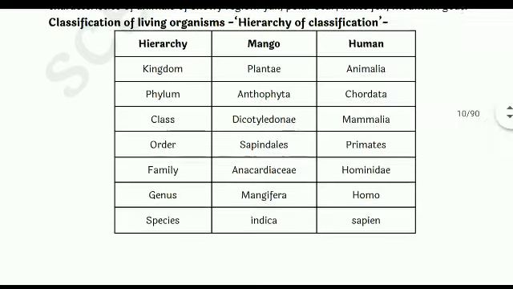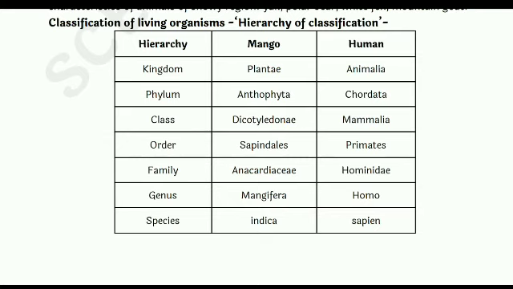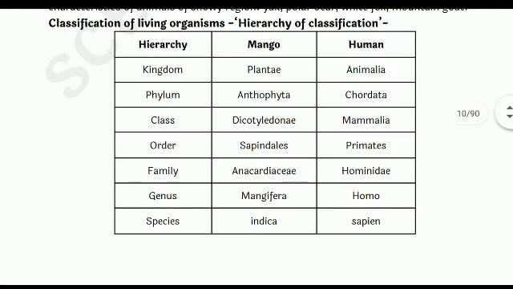Order, mango is Sapindales and human is Primates. Family, Anacardiaceae and human is Hominidae. Genus, Mangifera and Homo. Species, mango is indica and human is sapiens.